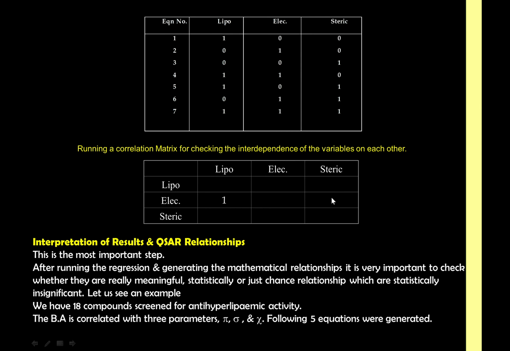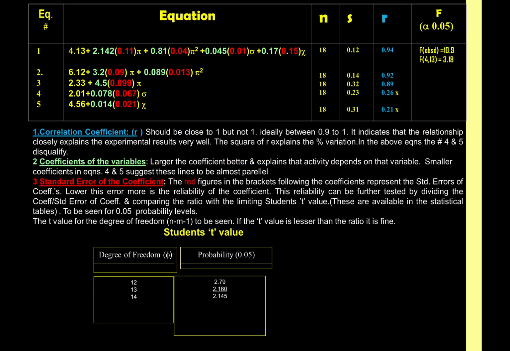So basically, you have to apply certain tests to see that the results are statistically valid and not just chance correlations. So I found 5 equations. One is a complete equation with all parameters pi, pi square, sigma, and chi, that is steric. I did it with say 18 compounds.